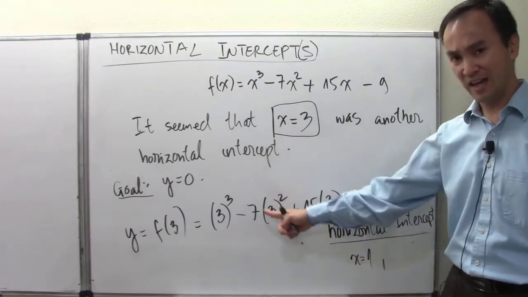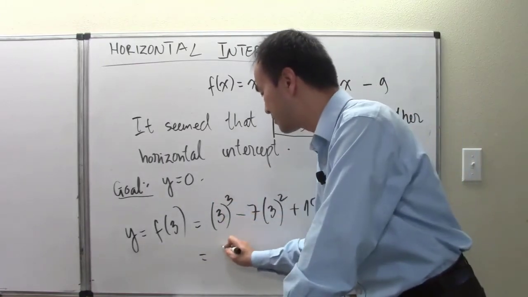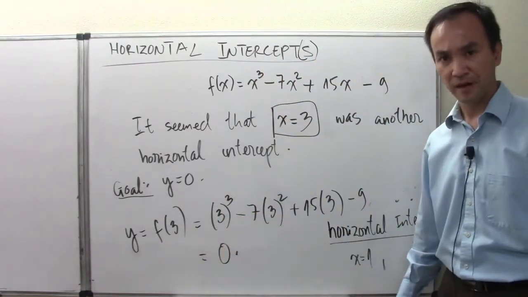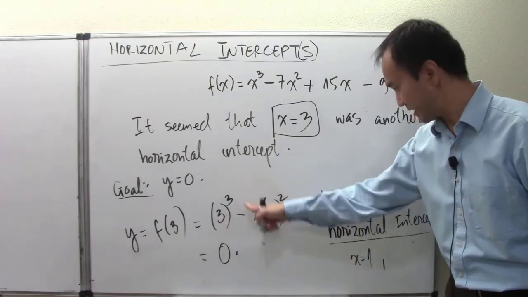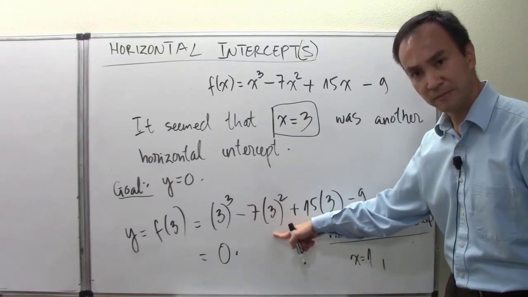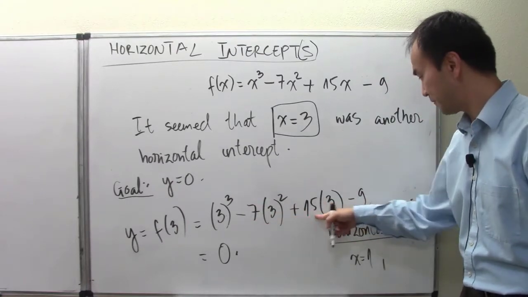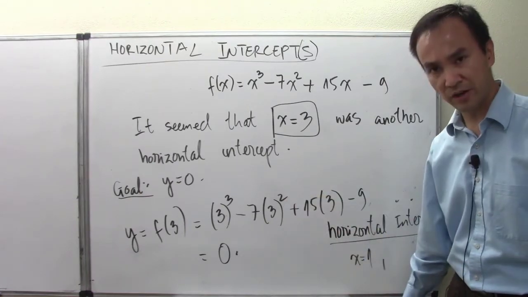Okay, and the calculation should come out 0. Because that's 27, minus 56, plus 45 and minus 9, so it's all going to zero out.